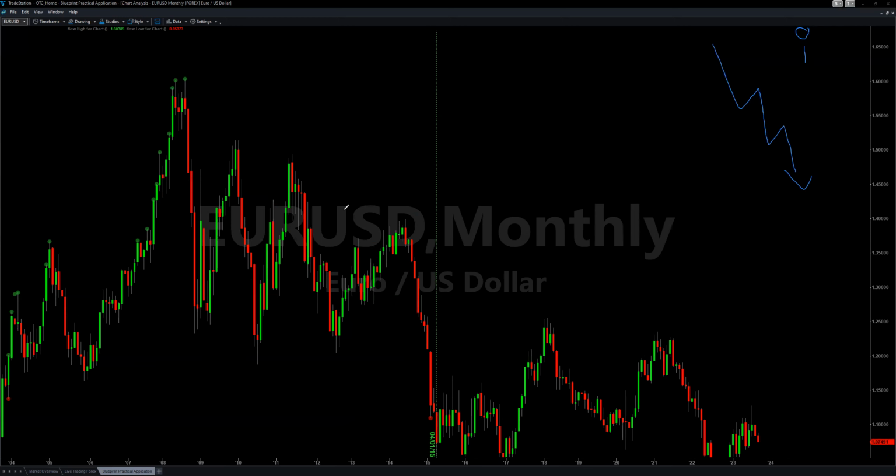What is the impulse here in a downtrend? In a downtrend, the impulse is always the range between the high to the low. That is always the impulse.